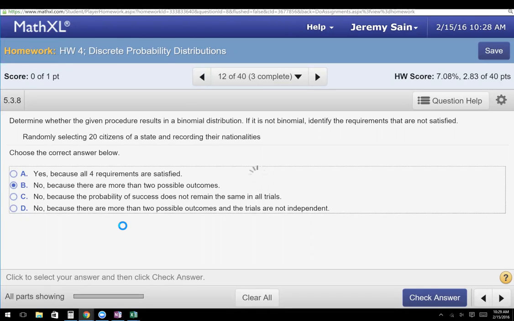What does the independent thing mean while we're waiting for it to load? Remember, independent events means the result of one doesn't affect the result of the next one.